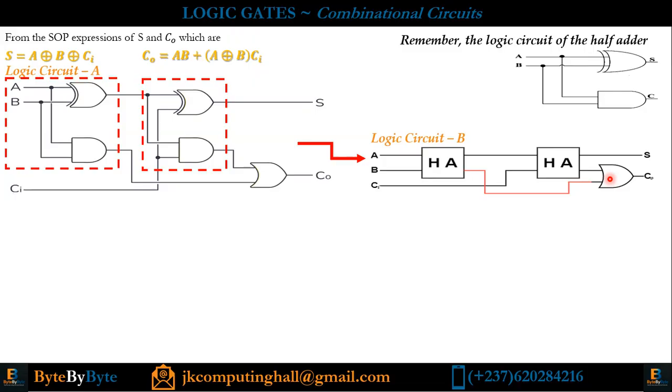This OR gate takes the carry of this half adder and the carry of the other. So this is how you can have the logic circuit of a full adder in terms of half adders.